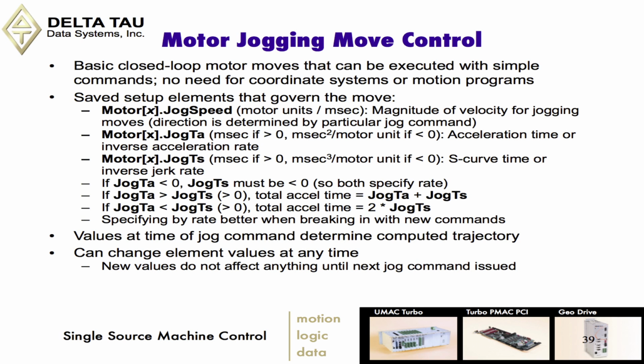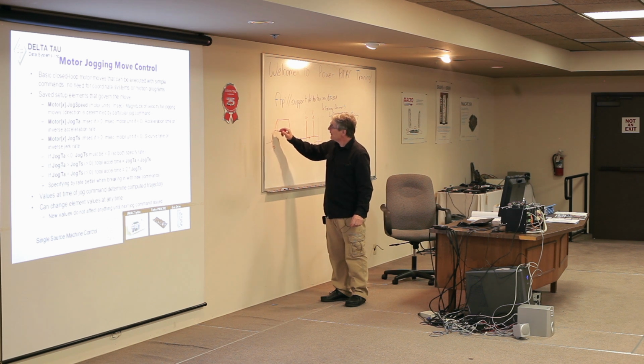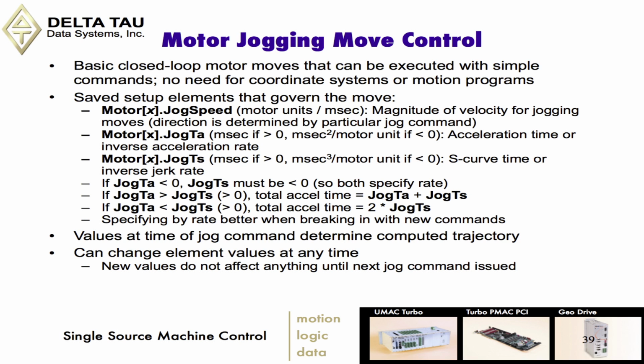So, total acceleration time depends on the values that we use in TA and TS. So this would be TA, this would be TS. If TA is greater than TS, the total acceleration time is jog TA plus TS.